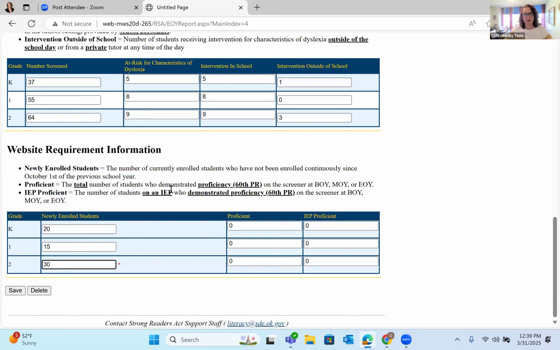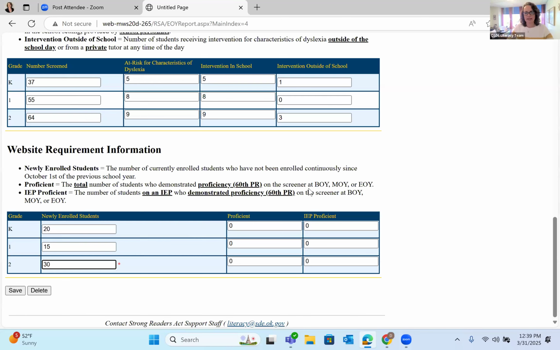Moving on to the next column, and a new question for us is proficient. This is the total number of students who have demonstrated proficiency, which we're defining as 60th percentile rank, on the screener at the BOY, MOY, or the EOY. The reason we did not just say note students you have sent a notice of proficiency to is, number one, we don't send notices of proficiency to kindergartners.